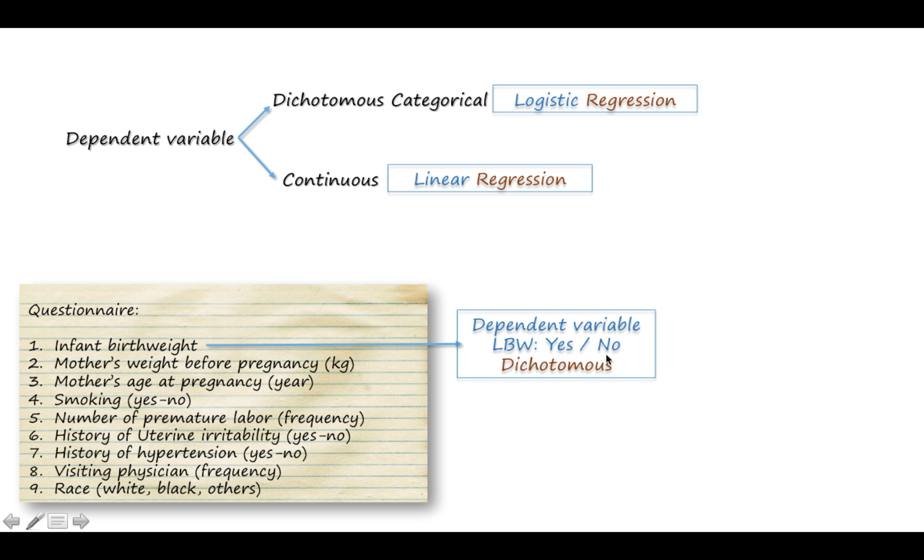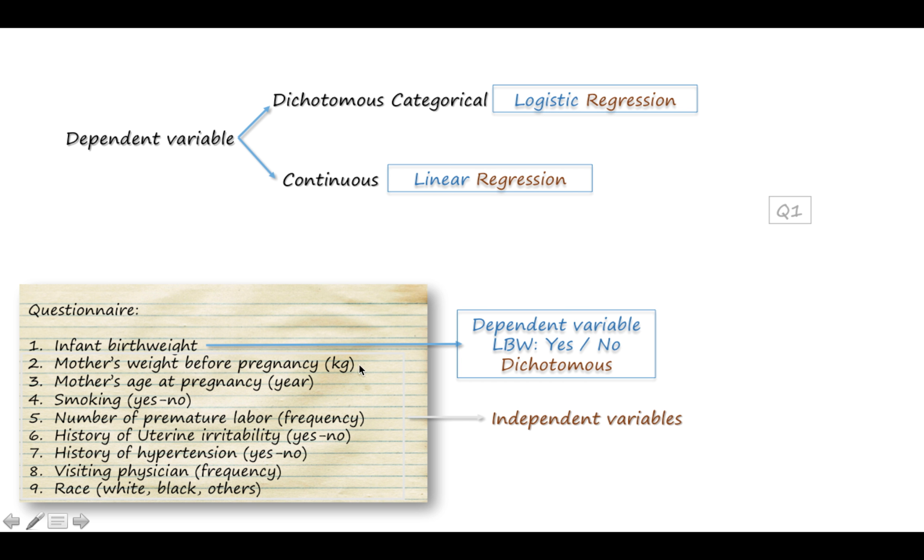And maybe this makes more sense in this example, because the dichotomous variable is for predicting whether the baby is low birth weight or not. The rest of the variables are independent variables, and we don't necessarily use all of them in a model, but we can find a very good model by finding which of these independent variables is the best for prediction of the low birth weight.